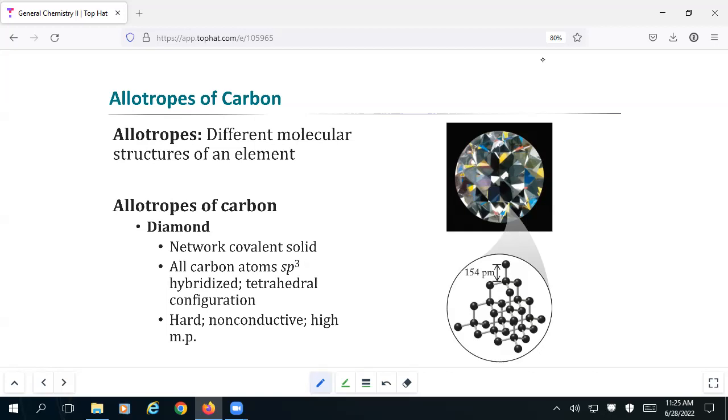And the net result of it is rigidity, because you've got all of these carbons basically forming this net, and non-conductivity.